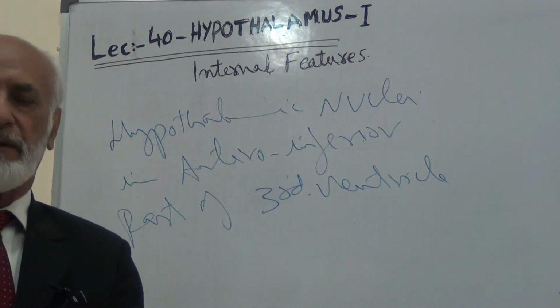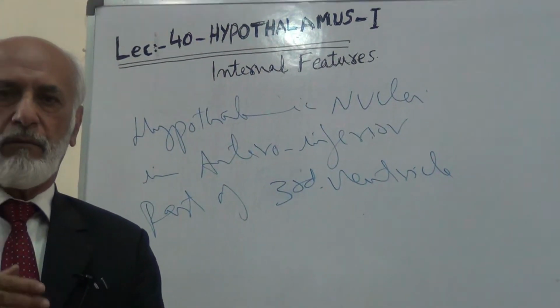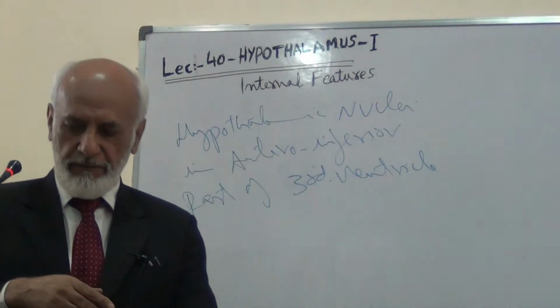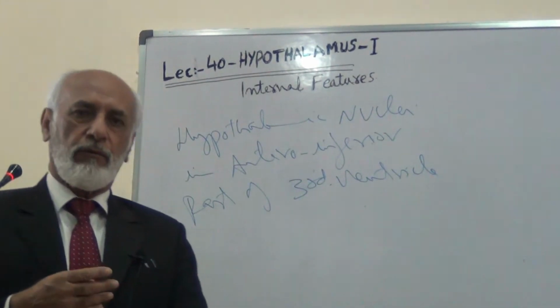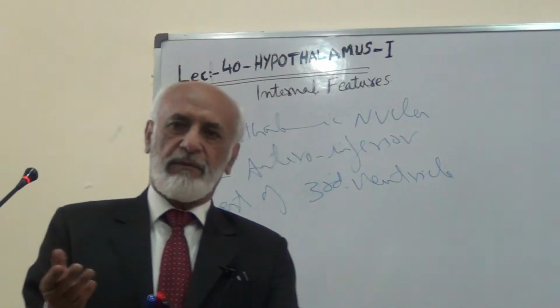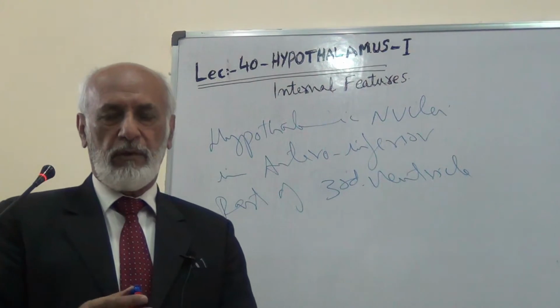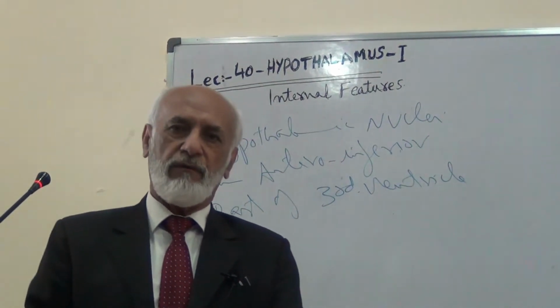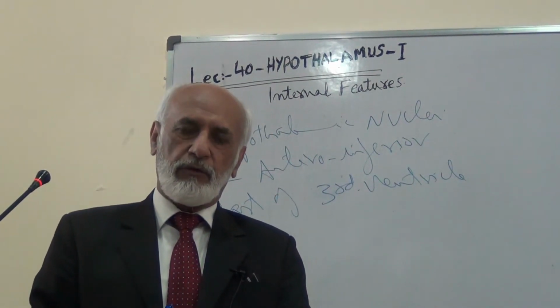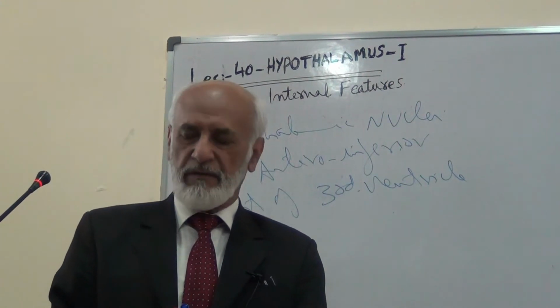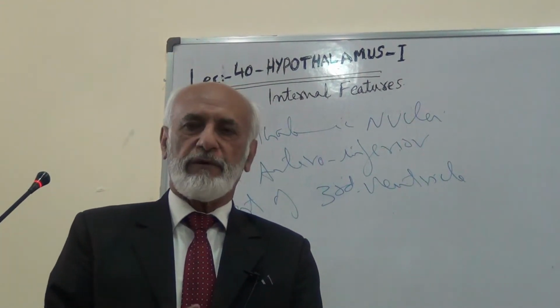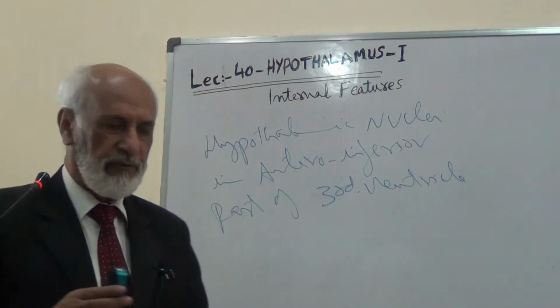These are crowded and are overlapping each other. Now to describe the hypothalamic nuclei in the antero-inferior part of the lateral wall of the third ventricle, we divide into zones.